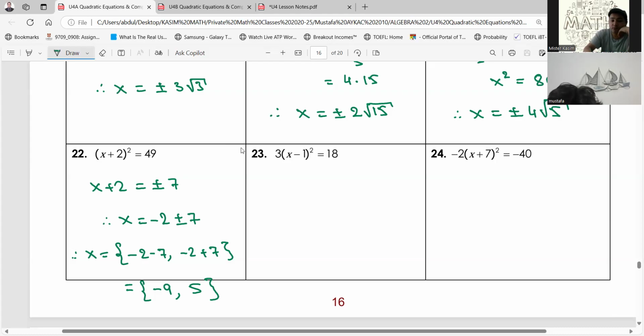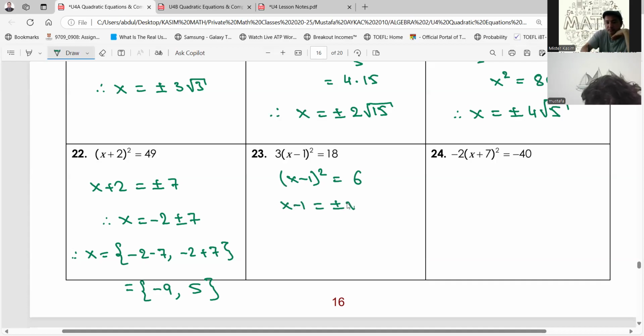The first one, 23, you divided both sides by 3 first, right? Okay. x minus 1 squared equals 6. Something squared equals a number. Then what is x minus 1? x minus 1 should be equal to plus minus square root of 6, right?